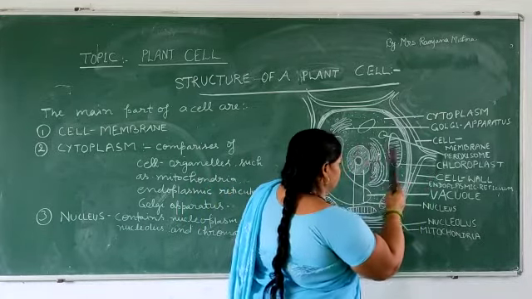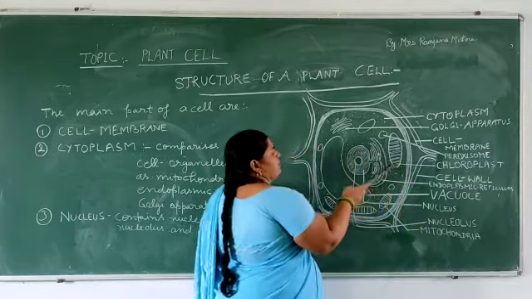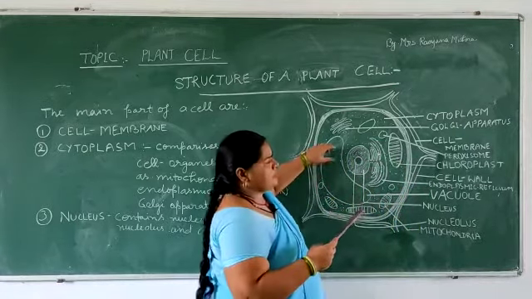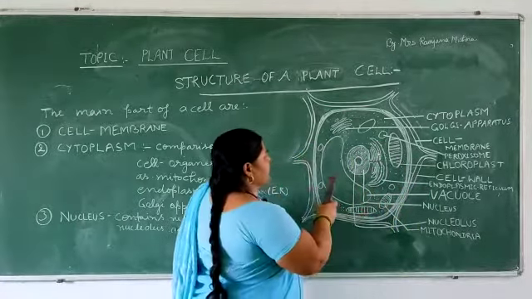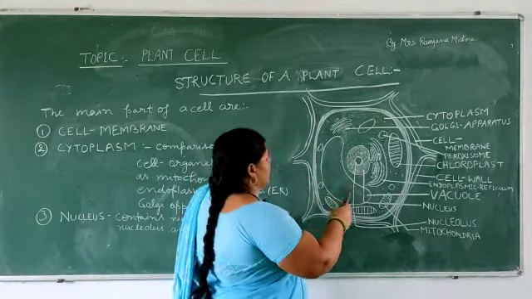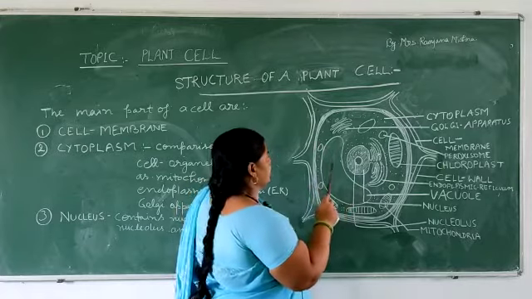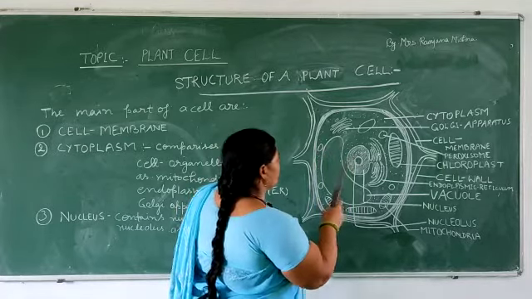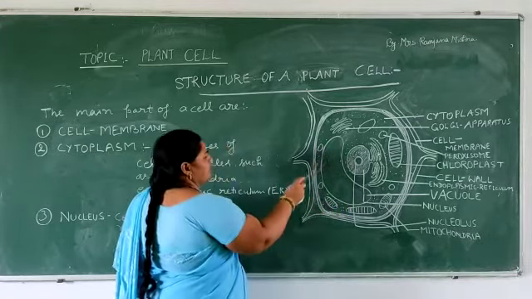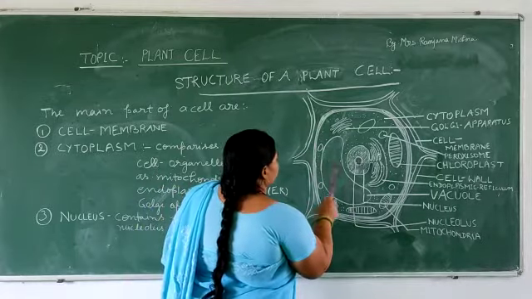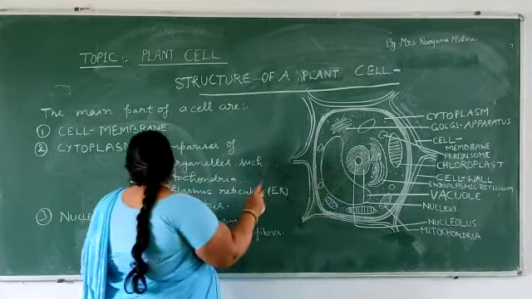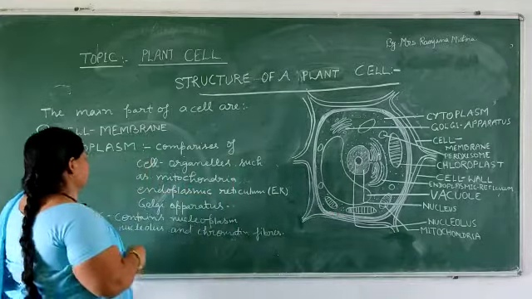Chloroplast having the presence of full sunlight, the plant make the food. Vacuoles having large amount of water in supporting the cell in liquid form, and having different types of inorganic and organic substances.